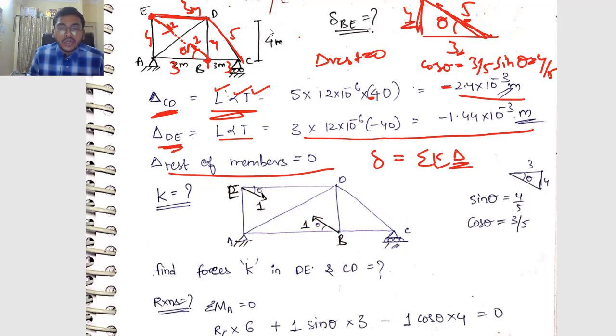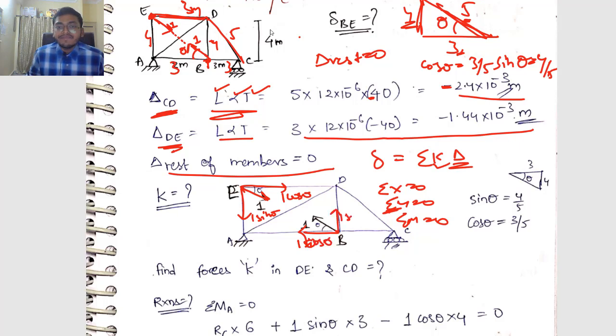To find support reactions, what you can do? You can use 3 equations: sigma x equals 0, sigma y equals 0, sigma M equals 0. Okay, if I use sigma y equals 0, now let us see this force. It is 1, right? So horizontal component is 1 cos theta, vertical component is 1 sin theta. Similarly, the horizontal component 1 cos theta, and vertical component 1 sin theta. Agreed? So what is my sigma y equals 0?